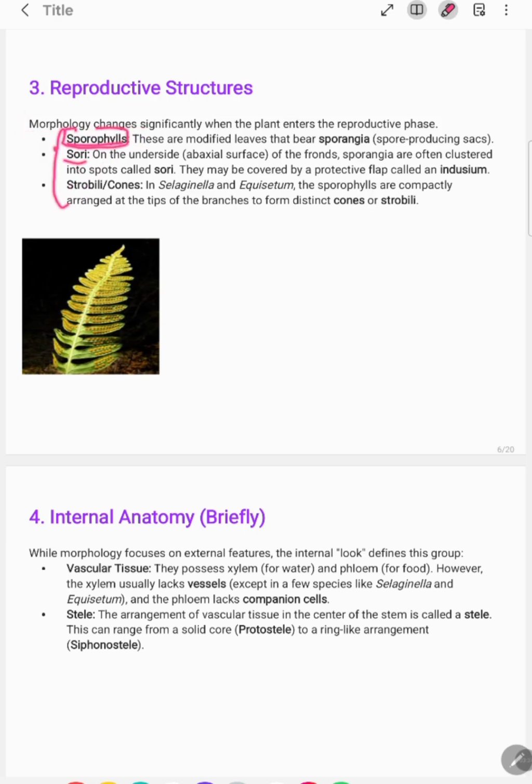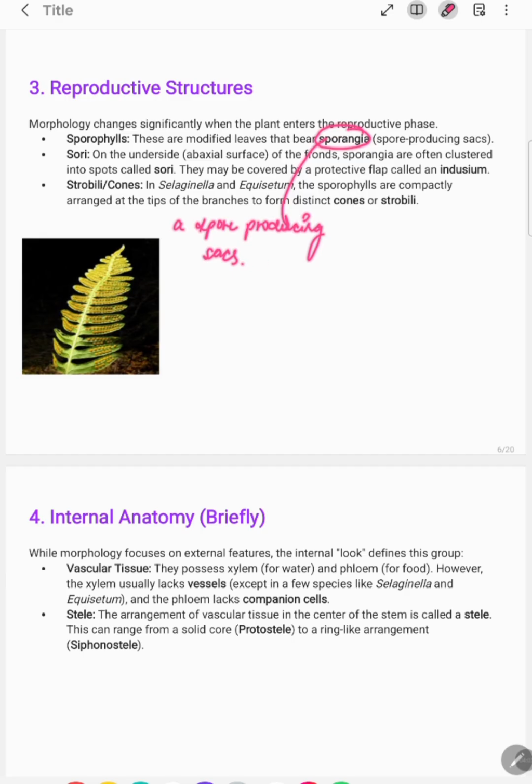See, first of all, the sporophyll. What are sporophylls? Remember this point. These are modified leaves that bear sporangia. Now the point arises, what is a sporangia? As the name suggests, sporangia means a spore producing sac.